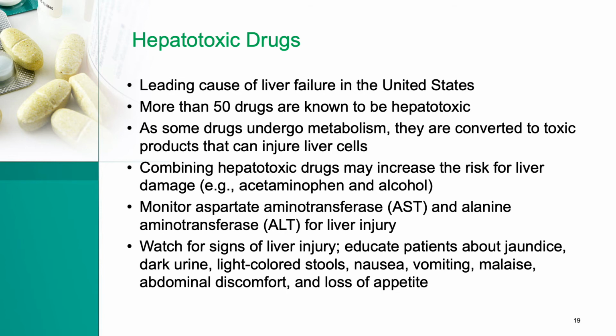AST and ALT are monitored for liver injury. We no longer monitor the liver with statins except for the baseline liver function tests and if symptoms appear. So watch for signs of liver injury. Educate patients about jaundice, dark urine, light-colored stools, nausea, vomiting, malaise, abdominal discomfort, and loss of appetite.